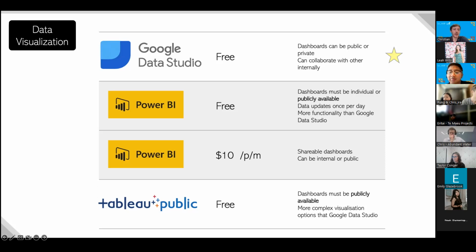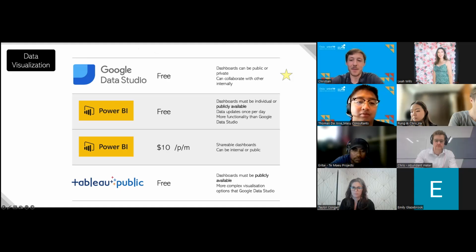It's another one with more powerful visualizations, and they have a free version, but again, it has to be publicly available. And if you pay for it, I think it's $70 a month. So like with the other ones, for most people, Google is sufficient and has lots of advantages. It's also the easiest to use. But if for any reason you need particularly complex features, like more advanced mapping or more complex visuals, then you would need to start looking at some other alternatives.